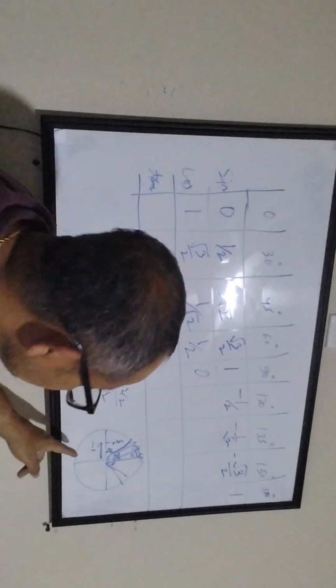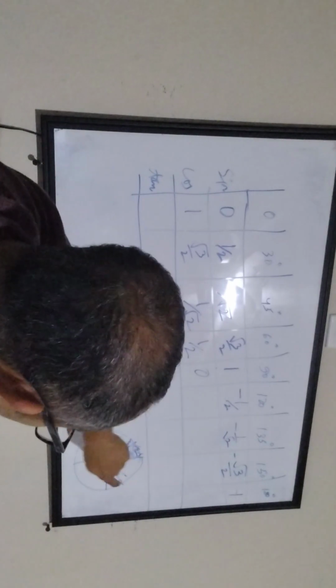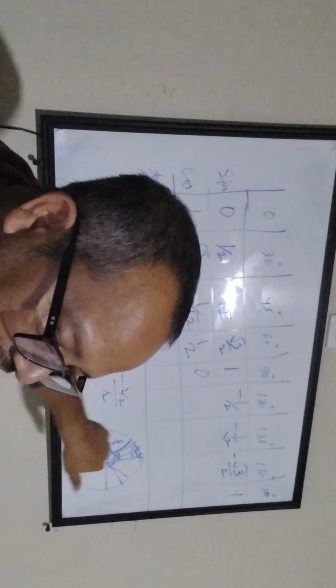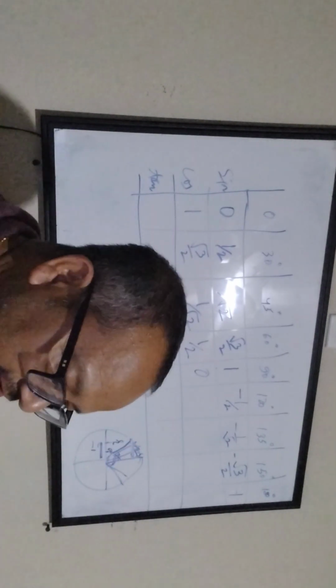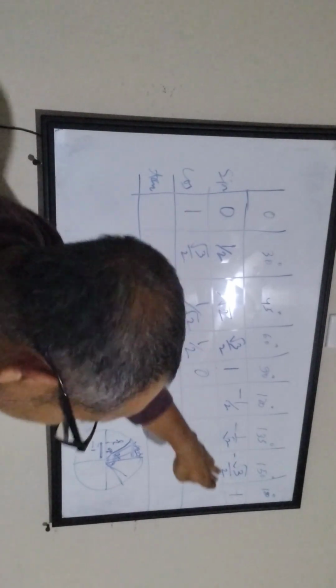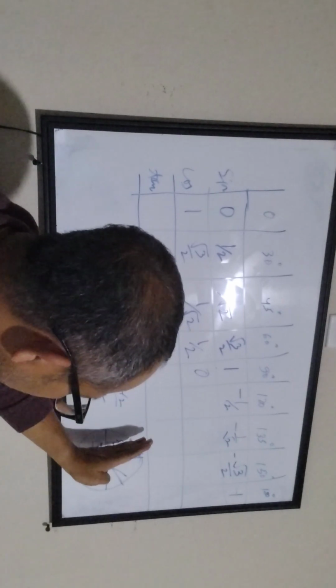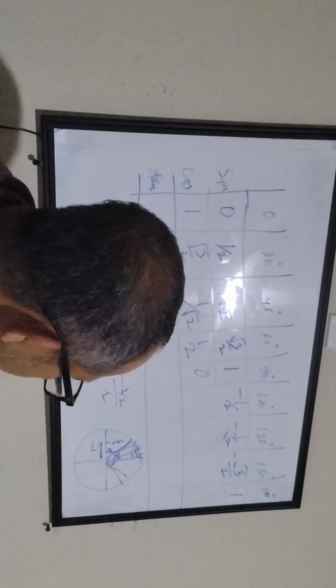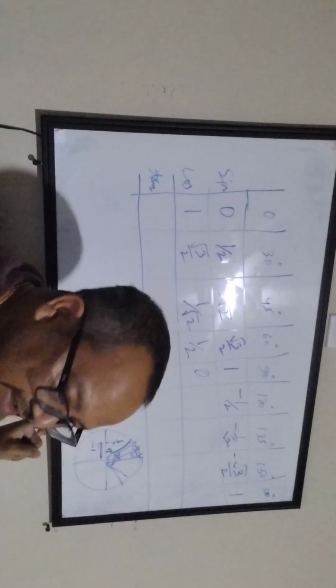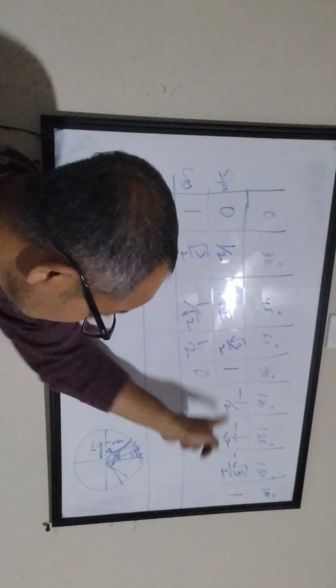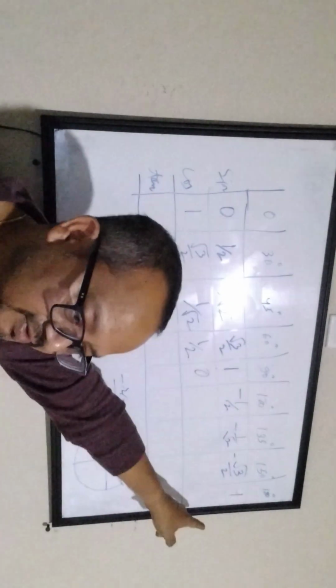So this unit circle actually helps you find out how you get to that value. This is where you see this becoming negative, because the sign of whatever value we are seeing all became negative.